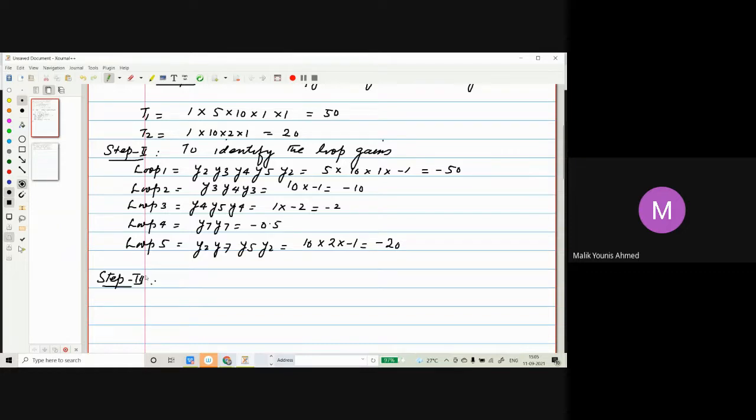Step number 3 says identify non-touching loop gains taken 2 at a time.